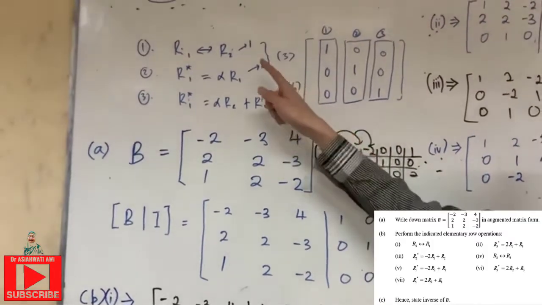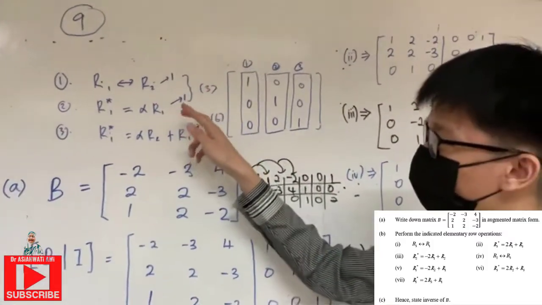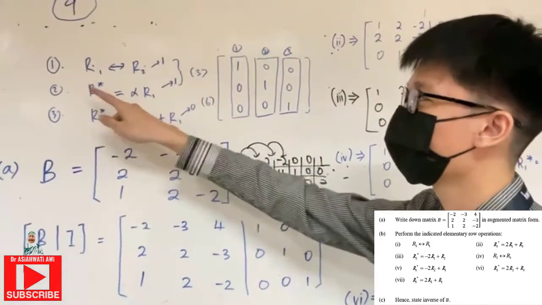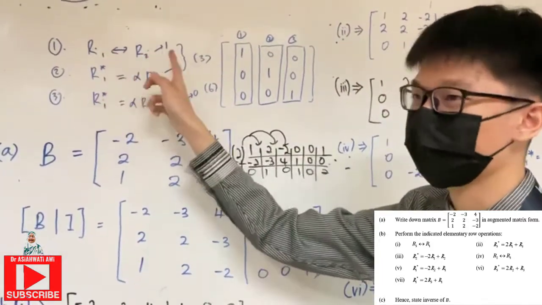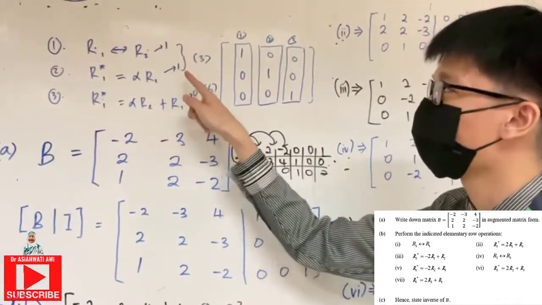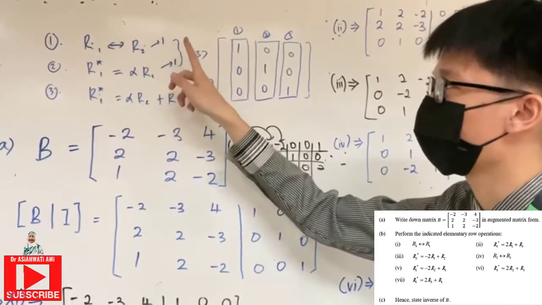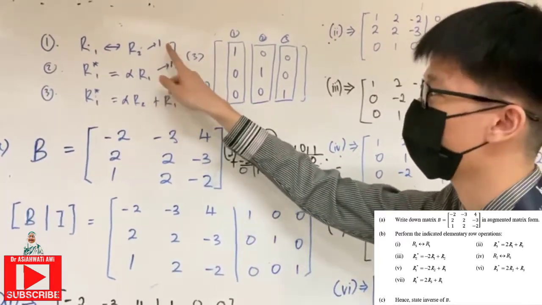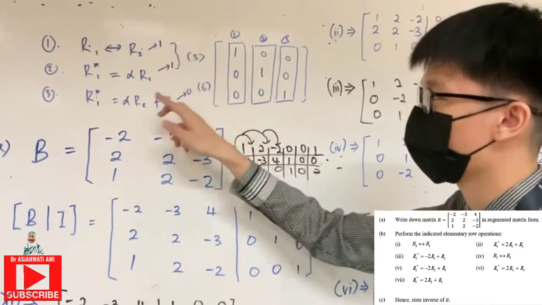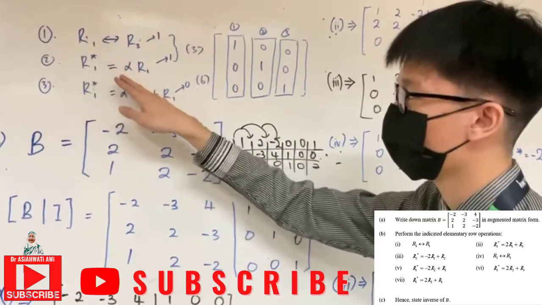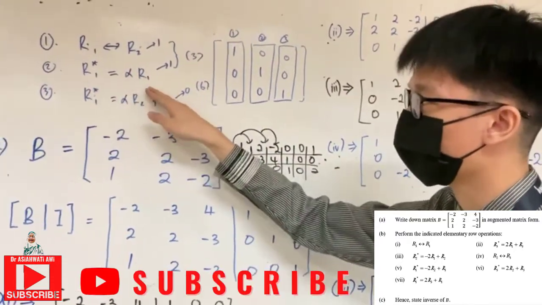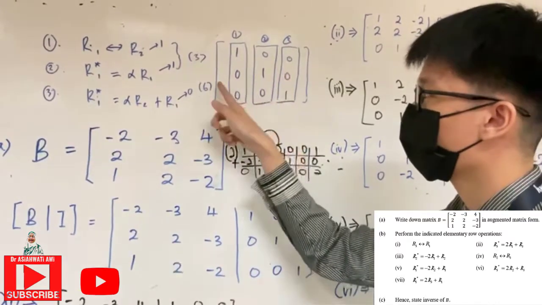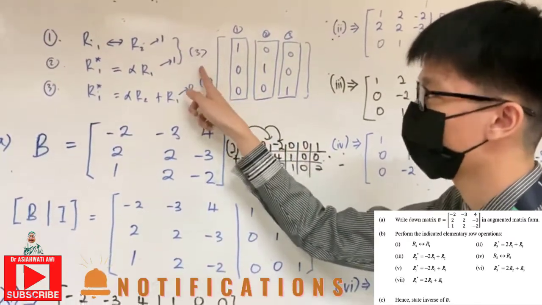Okay. So for ERO, there are 3 operations. The first one is we interchange between 2 rows. This method is to make the elements in the matrix become 1. The second method is to multiply all the elements in any one of the rows by a constant.